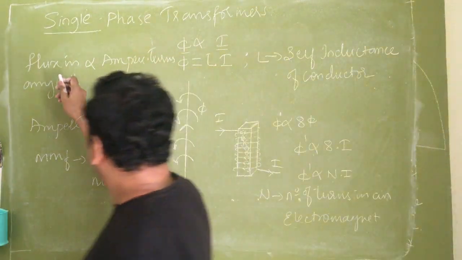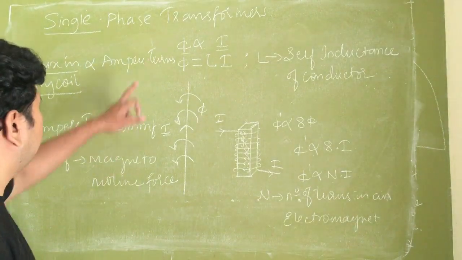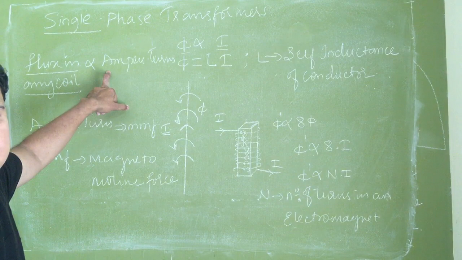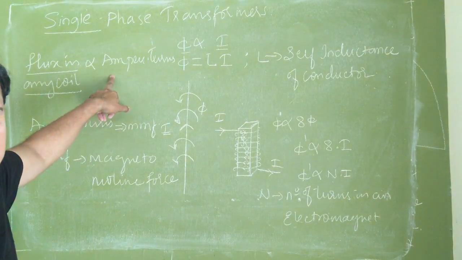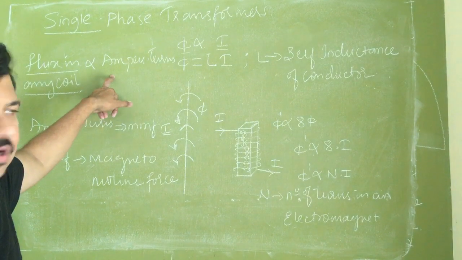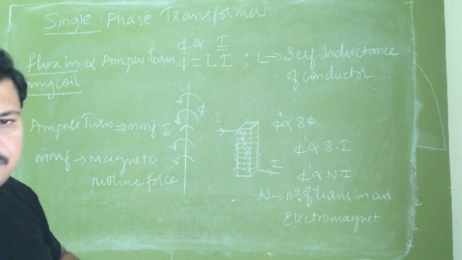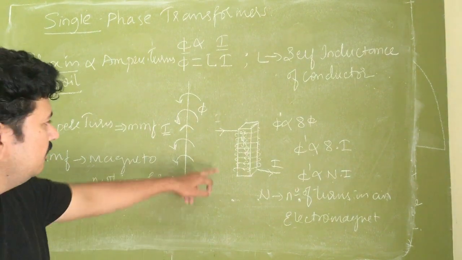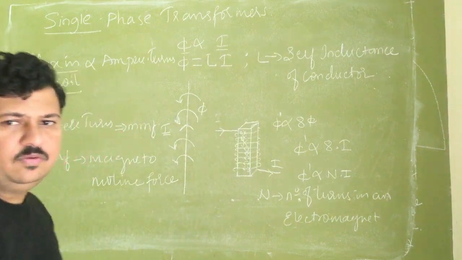So if I have to create the flux in any coil, then I should have number of turns and amperes. Now if there is a coil and I don't pass current into it, my amperes become 0, flux produced becomes 0. If I take out the current from this coil, the flux produced by this coil will be 0.